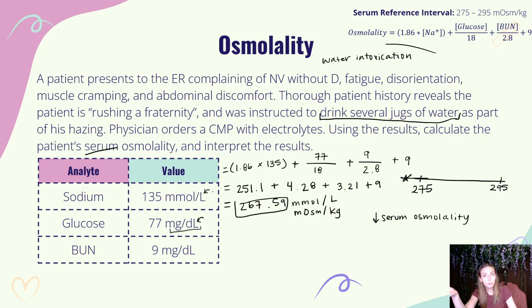They might be a little bit confused because they don't have the right amount of electrolytes to make their body work. Muscle cramping, again, same thing. Neuromuscular function is impacted by too much water. Abdominal discomfort is quite literally just because there is too much water physically in his stomach and it is pushing on everything else, and he is like a pressurized water balloon.